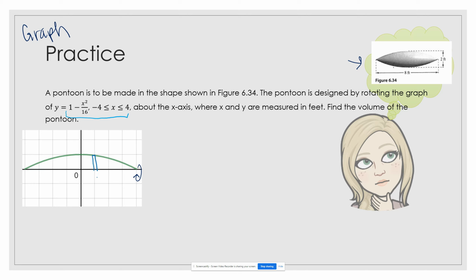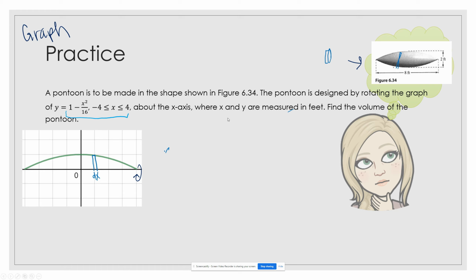And when we make our rectangles vertically, we're going to do things in terms of dx. So what we're going to be doing is we are going to be taking cuts from this like this, and it's going to look like that.